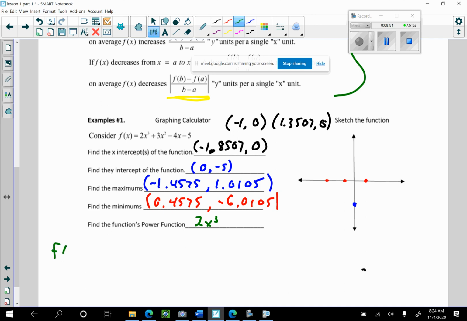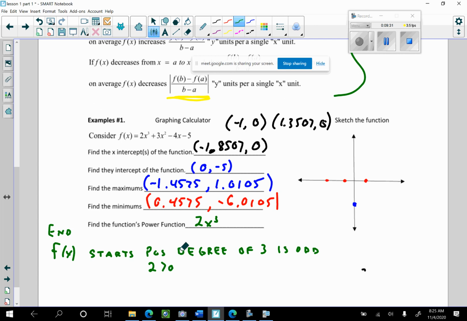Well, f of x. We better write this down. We're going to talk about end behavior. F of x starts positive. And why does it start positive? Since n, the degree, since the degree of 3 is odd, and the leading coefficient there, 2, is greater than 0.